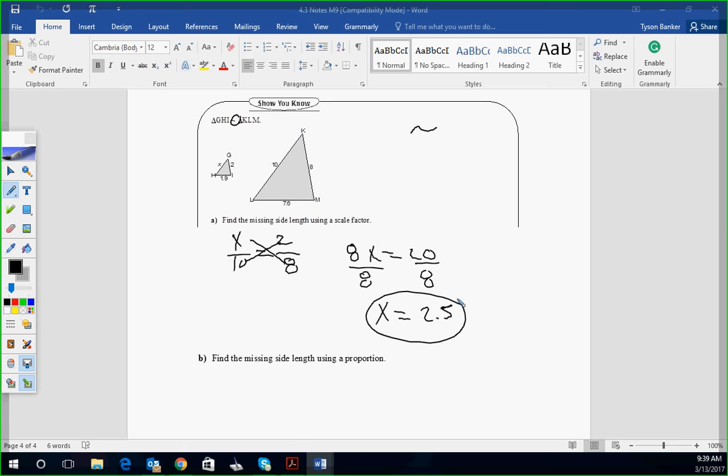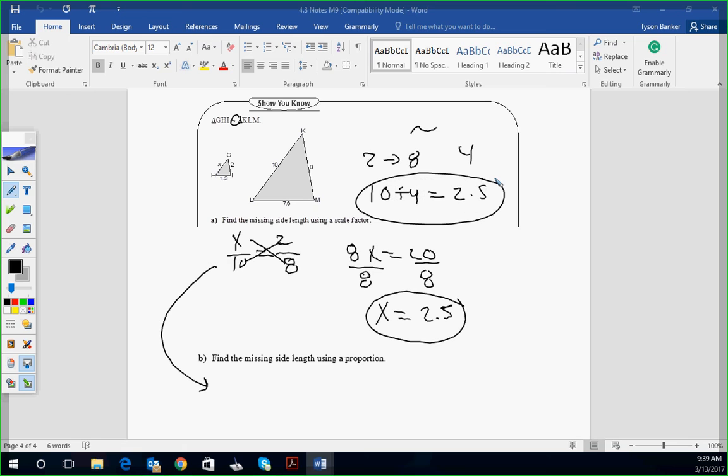The scale factor way, so sorry, I actually did part B, but you can do either way you want. The scale factor way would be timesing 2 to 8 is a scale factor of 4. So if I have 10, I'm going to go 10 divided by 4, which gives me the 2.5.